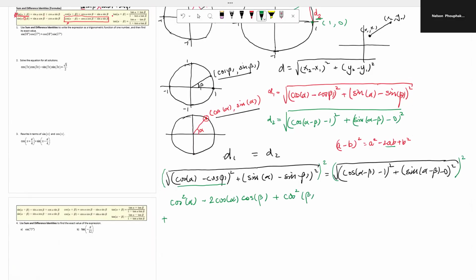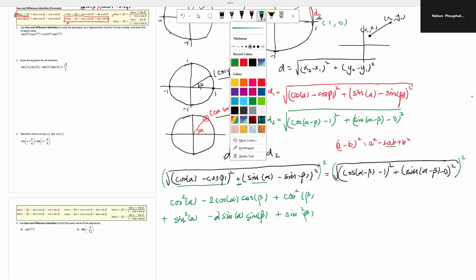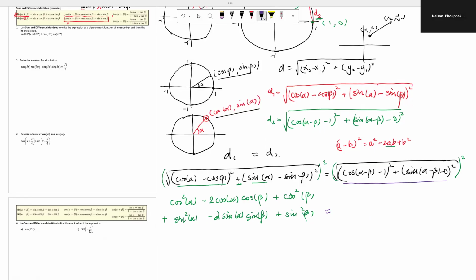And then we add the same thing with this: sine squared alpha minus 2 times sine alpha sine beta, and then plus sine squared beta. It is equal to this side now.